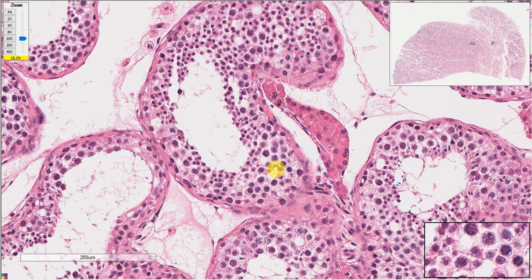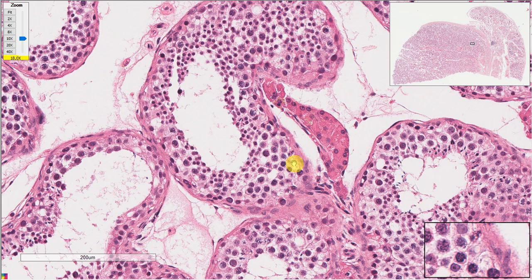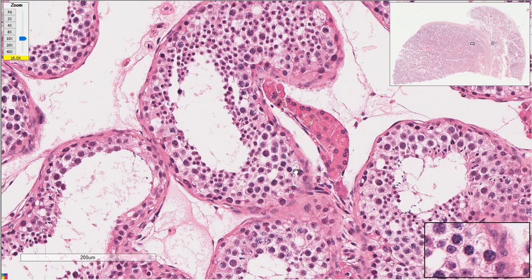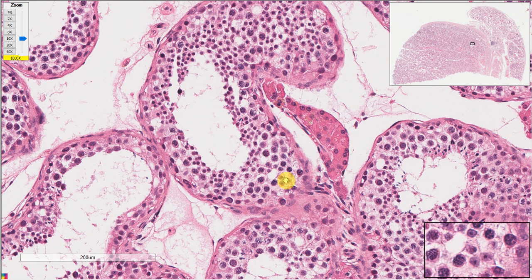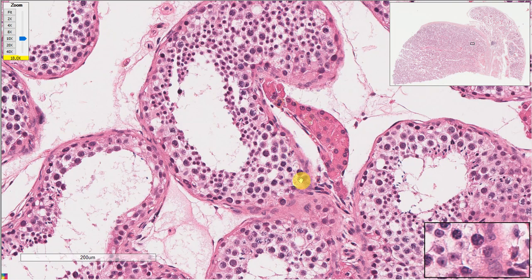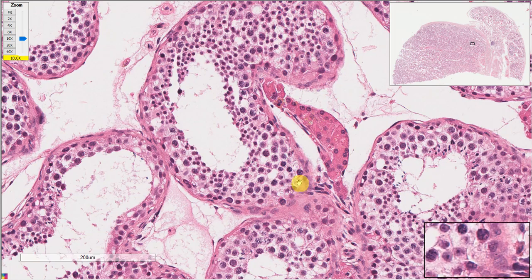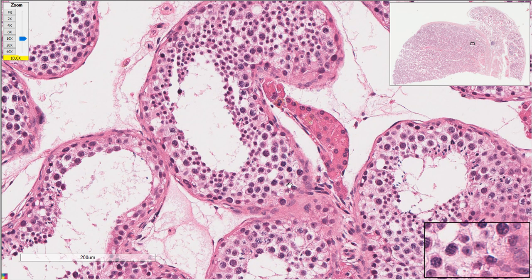So you can see the spermatogonia. These include, here at the periphery, type A dark cells, which are reserved stem cells, and type A pale cells. So the pale cells are actively dividing to maintain spermatogenesis.